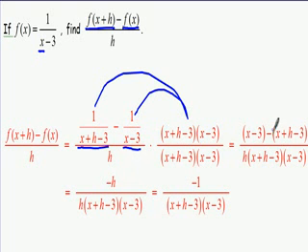Of course, that gives us x plus h minus 3, as you can see in the next step. In the meantime, as I said before, whatever we multiply to the numerator, we must also multiply to the denominator. You will notice that our h from the original denominator has simply joined our product in the next step.